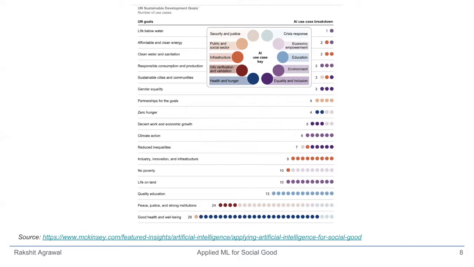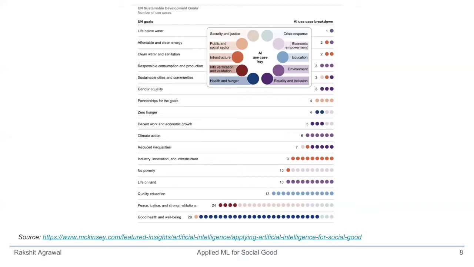So those are the United Nations goals, the 17 goals that we discussed. And within these 10 use cases, what they're saying is that many use cases cover more than one goal, and some goals use more than one case.